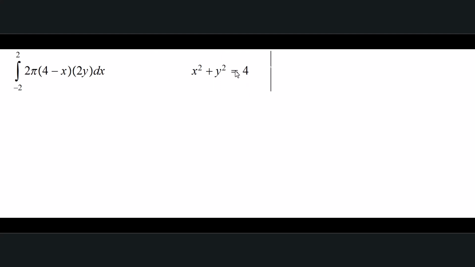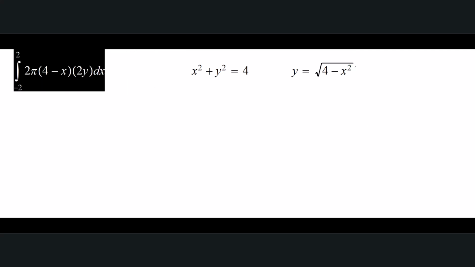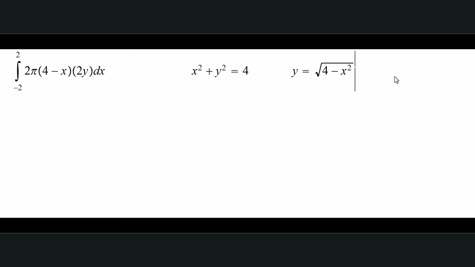So the y here would be the positive square root of 4 minus x squared. Let's substitute that value.